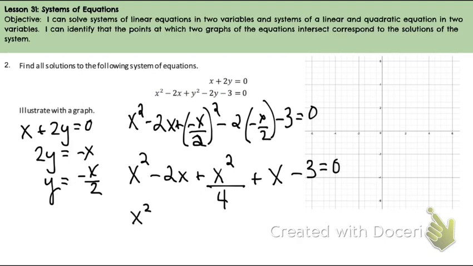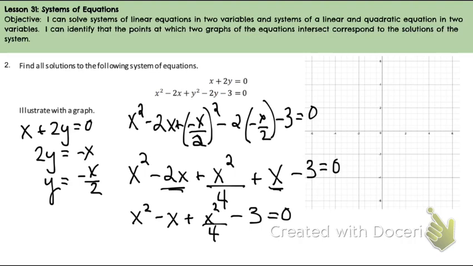So I get x squared minus 2x, I'm going to combine my like terms. I had a strategy for this. Just stick with me here, guys. Plus, I know I can combine my x squareds, but stick with me. Okay, minus 3 equals 0.